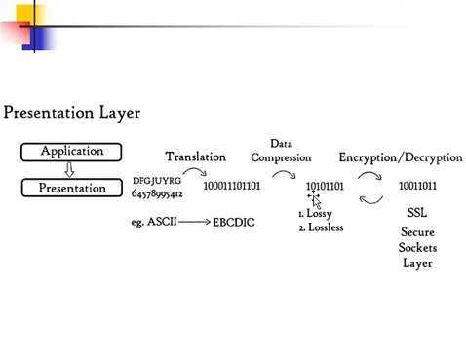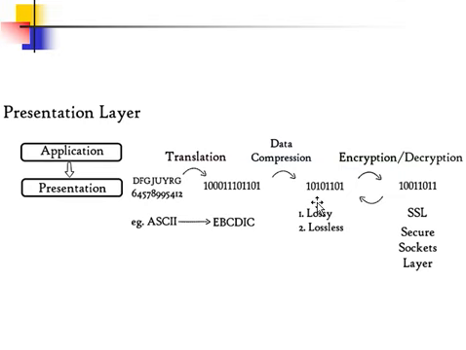After compression, we need to know that the information needs security when we transfer it from one position to another position. In the previous slide you also saw that we are adding the header in this layer. The compressed data can also be encoded using an encryption and decryption algorithm.